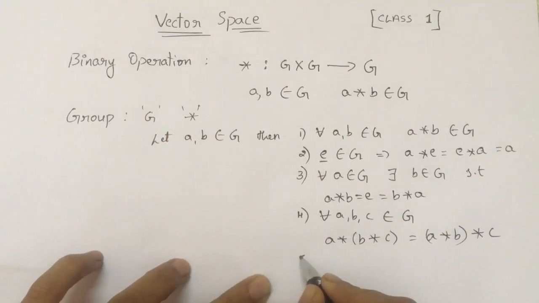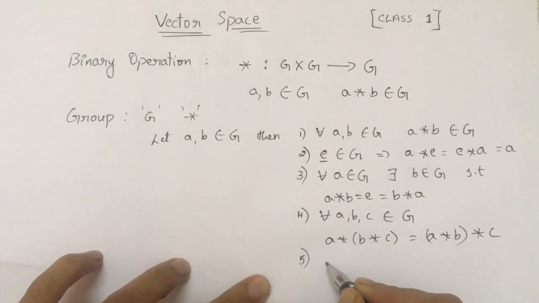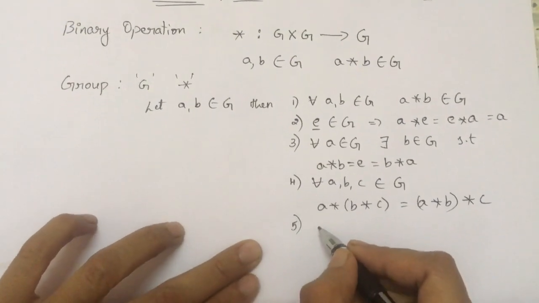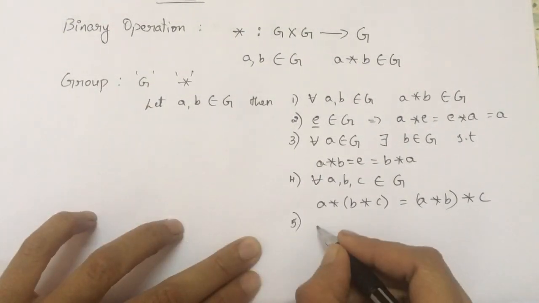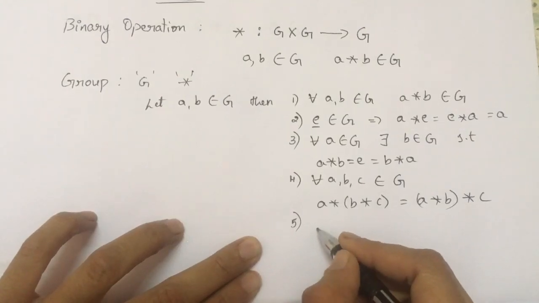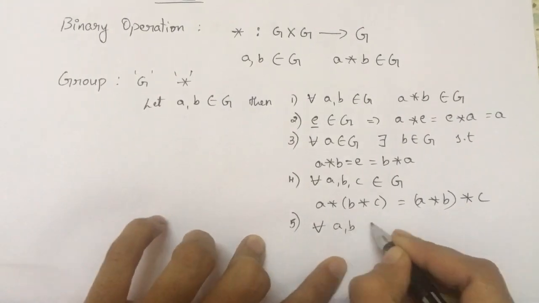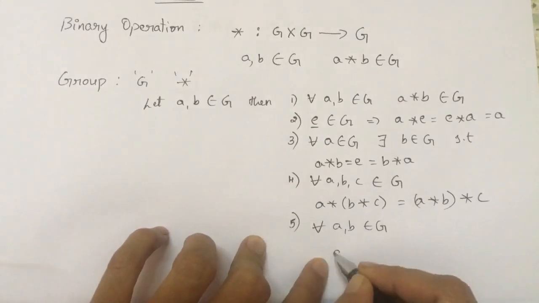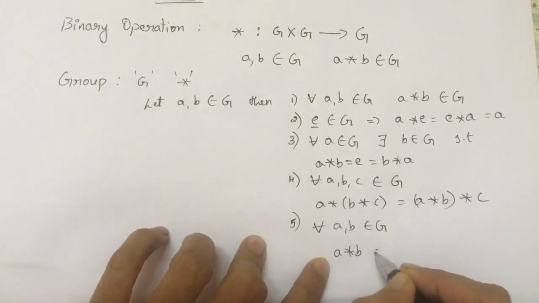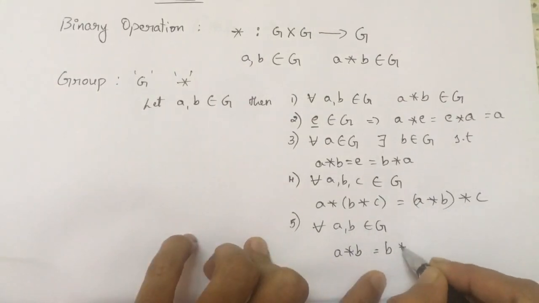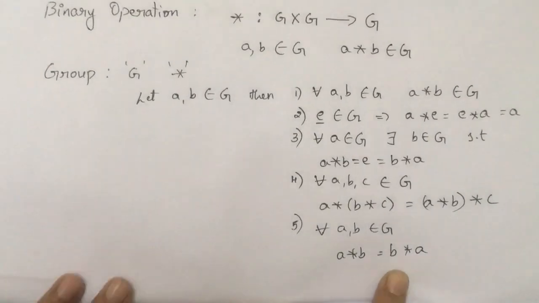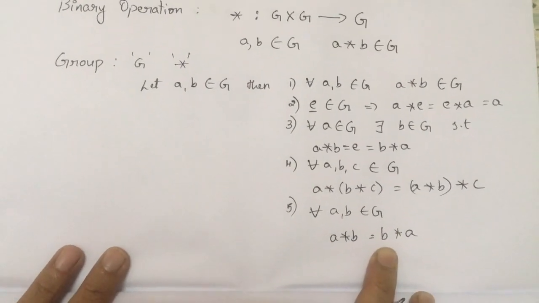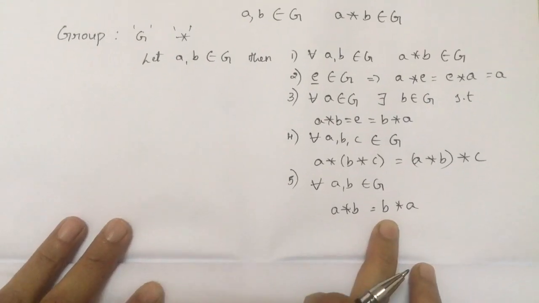If the fifth property, that is the commutative property, is true, then we call G an abelian group. That means for all A comma B belongs to G, if A star B is the same as B star A, then the commutative property holds good, and we call G an abelian group.